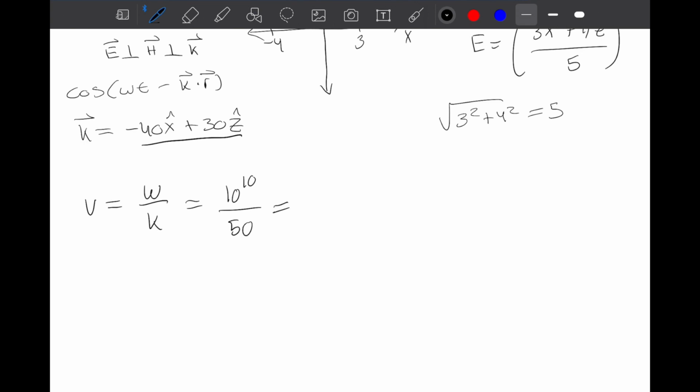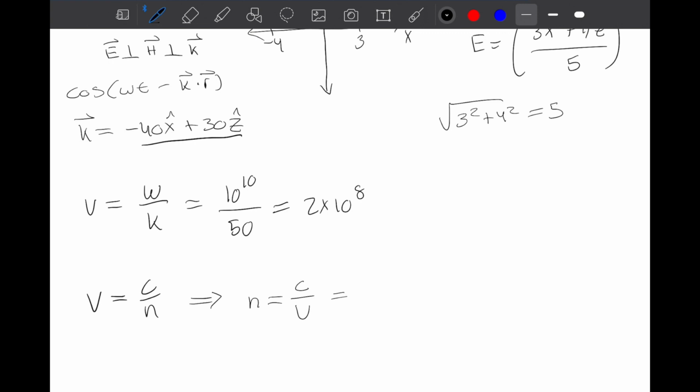So 10 to the power of 10 divided by 50 gives us a value of 2 times 10 to the 8. Now we can relate our wave speed to our index of refraction by saying the wave speed equals c over n. Since we want our index of refraction, we rewrite this as n equals c over v.